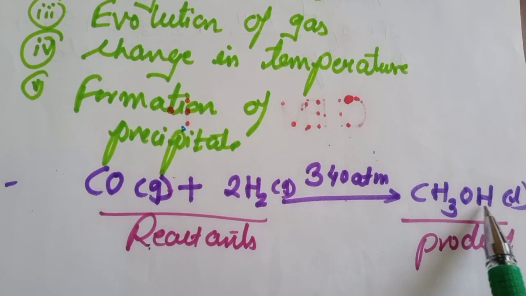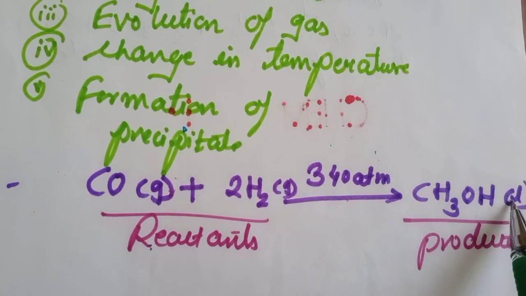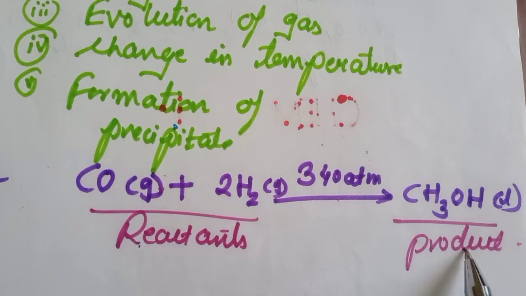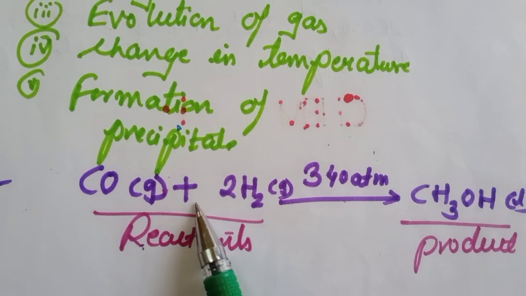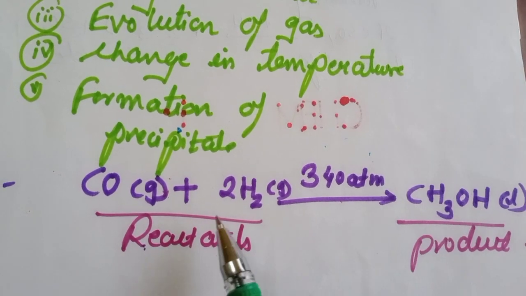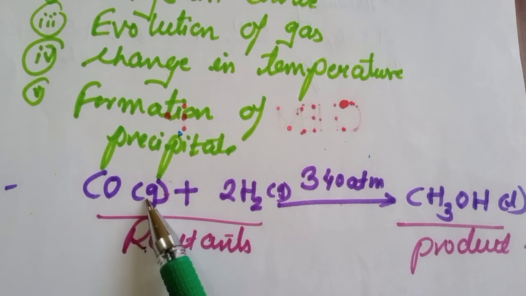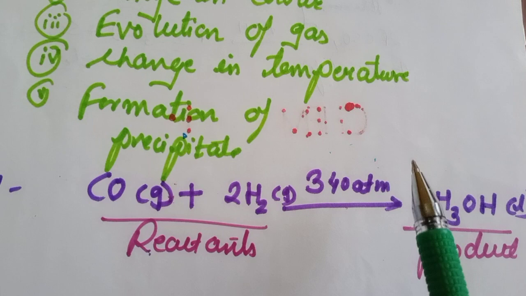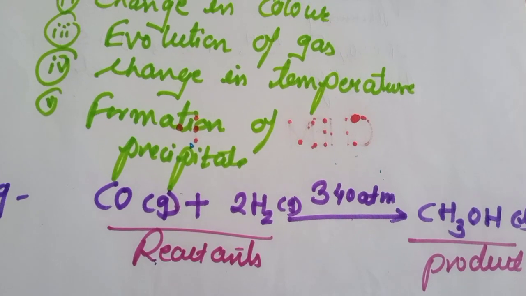As this product is in a liquid state, in the bracket we have to write L. So this is the product. Note down, dear students, for the reactants and the products, you have to mention the state, whether it is in gaseous state, solid state or liquid state. Please note down.